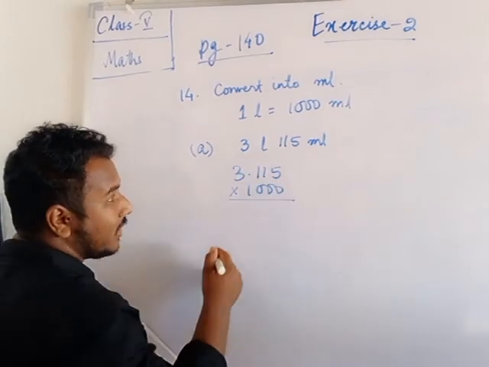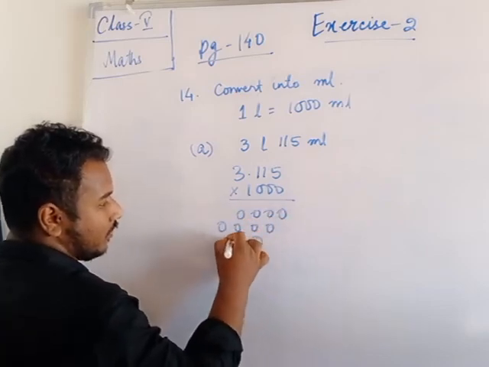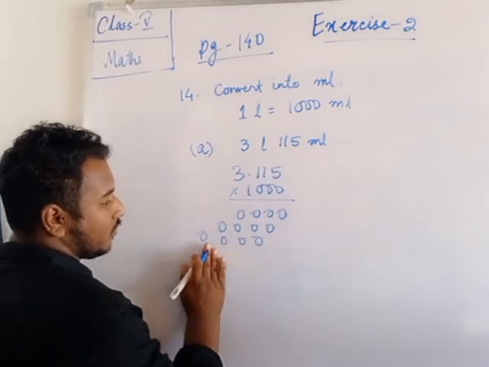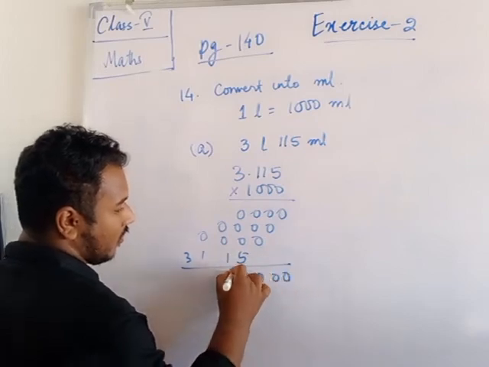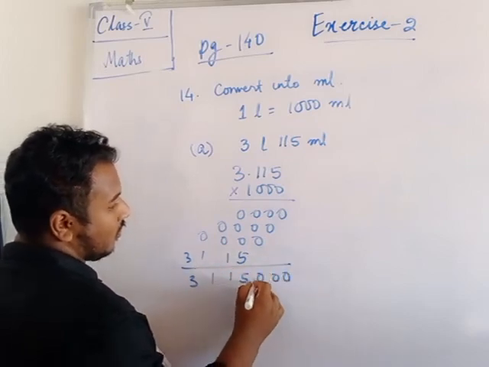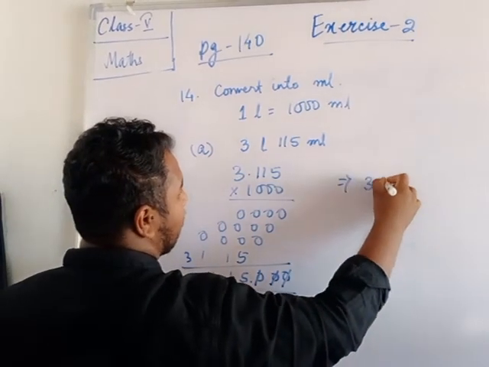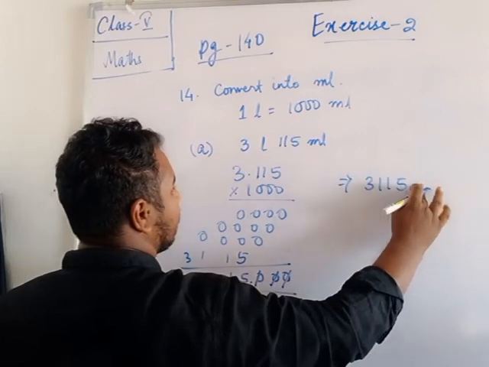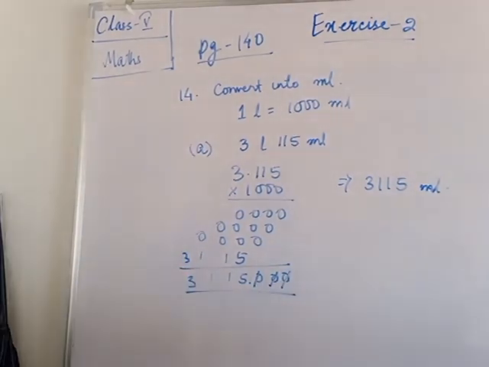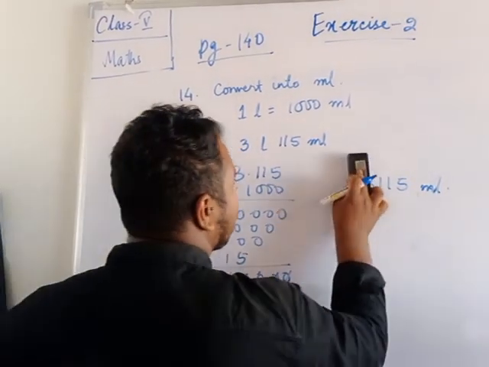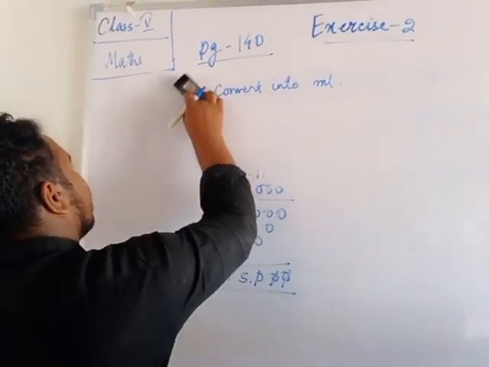Multiply this one. 3115 milliliter. Finished. Likewise, you have to do.